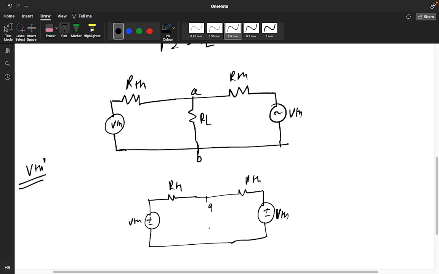I just opened this. You need to calculate the VTH dash value across this. So what will be the overall current in this? Minus VTH plus I into RTH plus RTH.